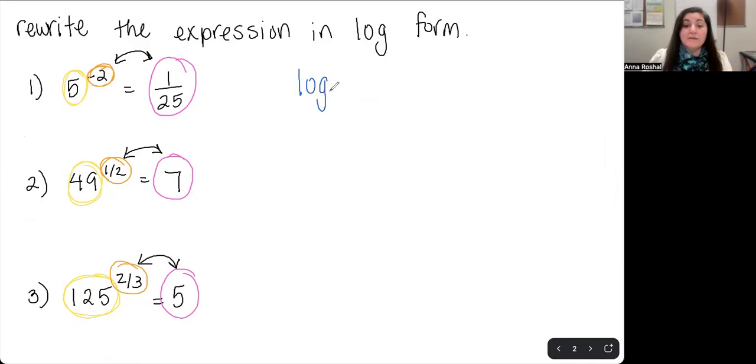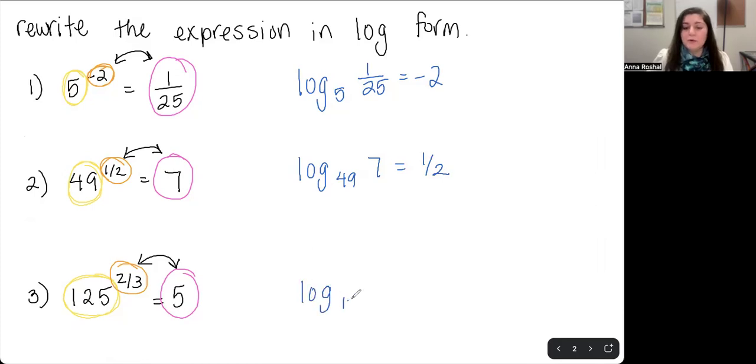So in here, I'm going to have log base 5 of 1/25 is -2. Here I'm going to have log base 49 of 7 is 1/2. Log base 125 of 5 is 2/3.